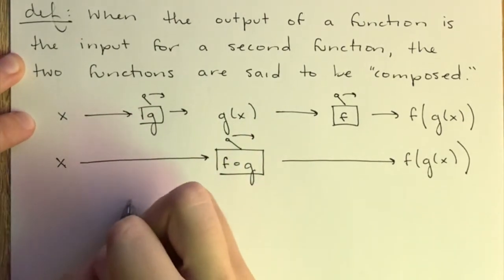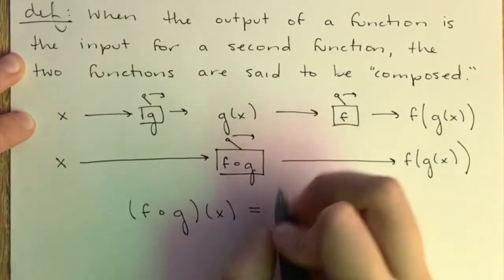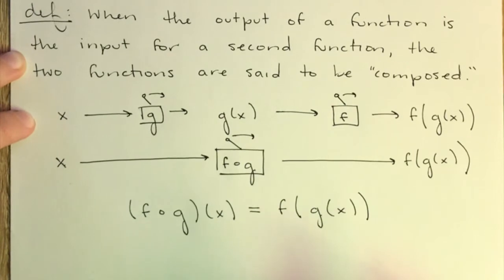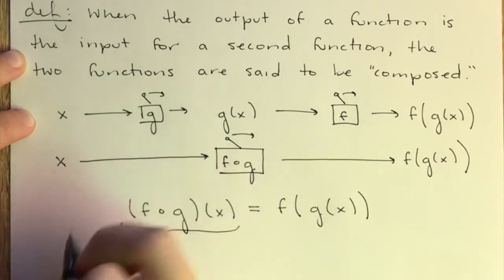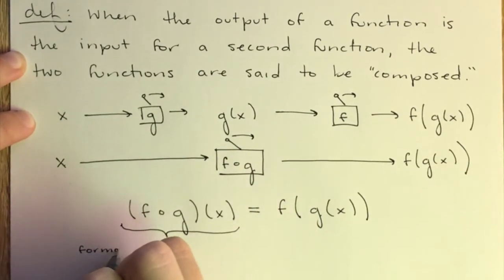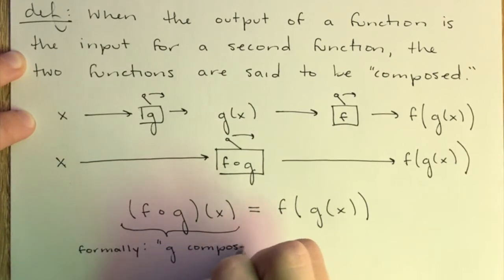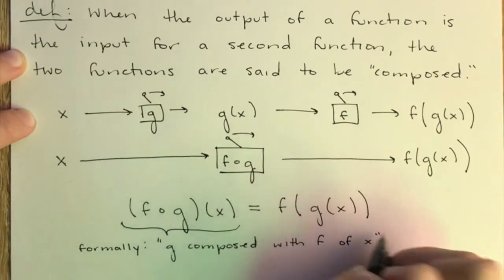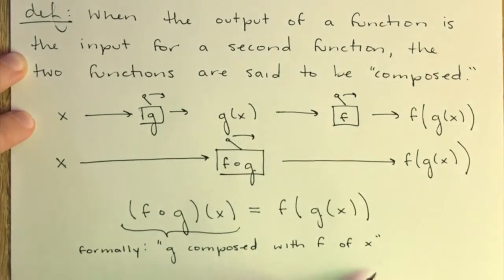So this function is f circle g of x, and it's equal to f of g of x. Formally, the way we say this is g composed with f of x, but that's confusing because it's backwards and it's also just a mouthful.